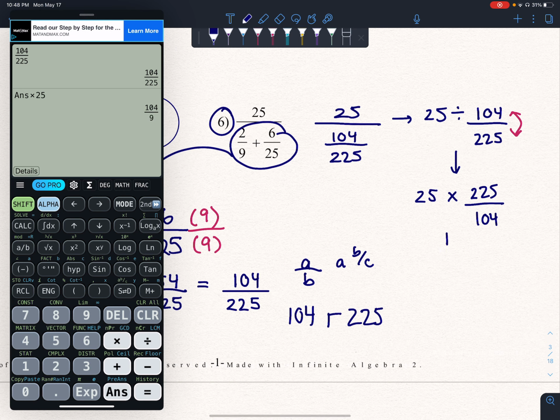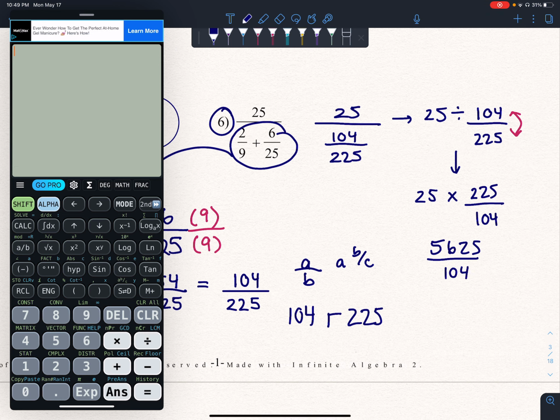So here we end up with 104 over 9. You might be wondering, where did that come from? I typed it in directly on the calculator. If you wanted to do it step by step, so let's erase this, 25 times 225, we would have 5,625 over 104.